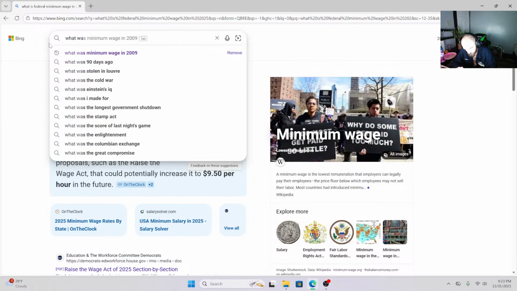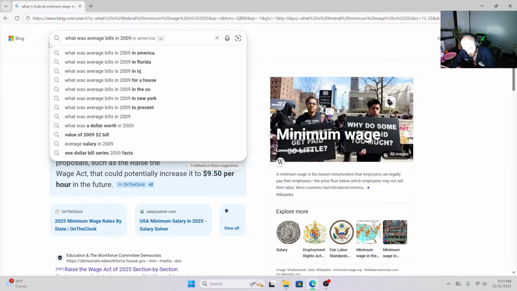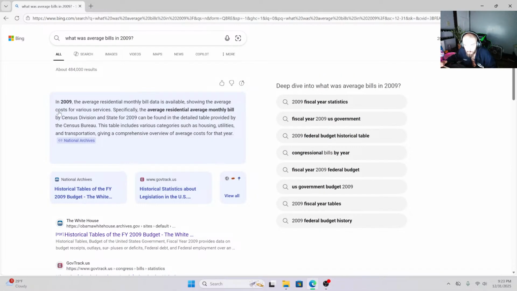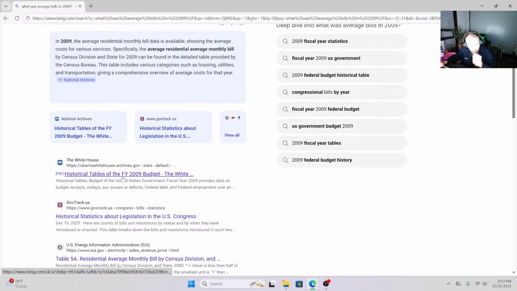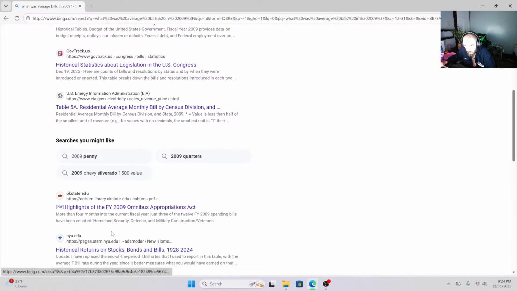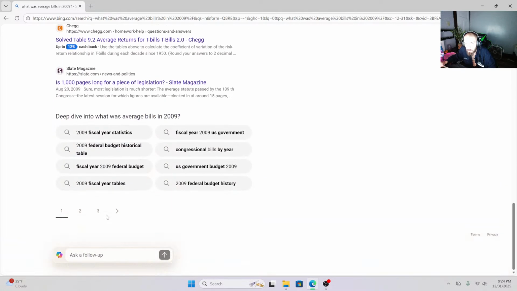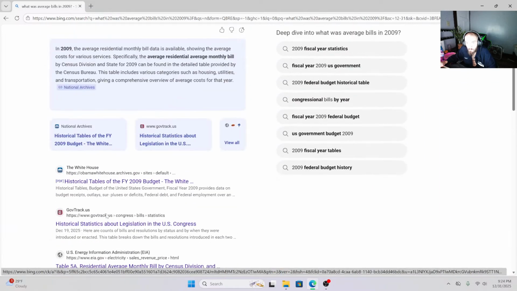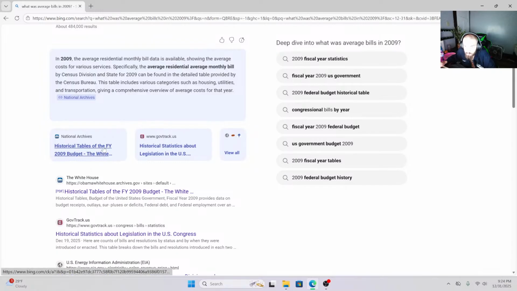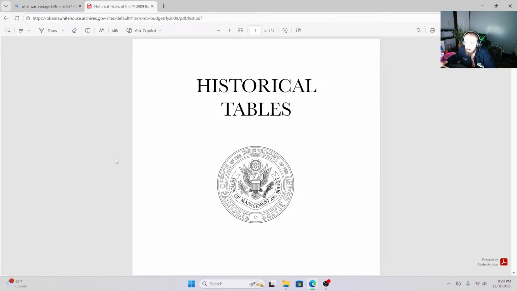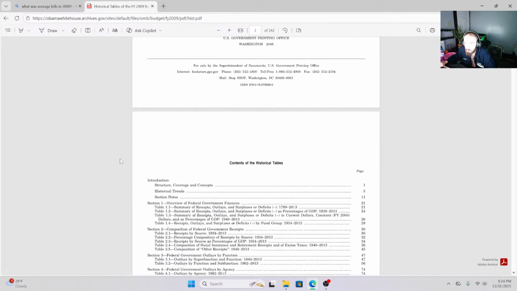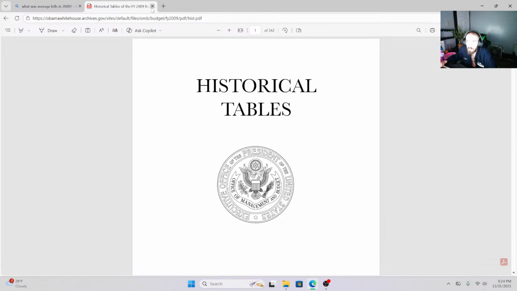What was average bills in 2009? Now this is going to fluctuate a lot. Why are all these purple? I've never clicked on any of these. No, I don't know what all that is.